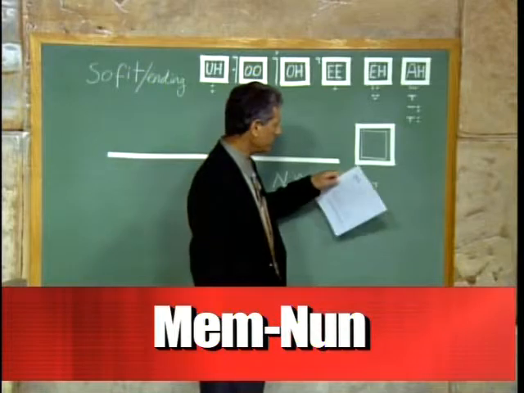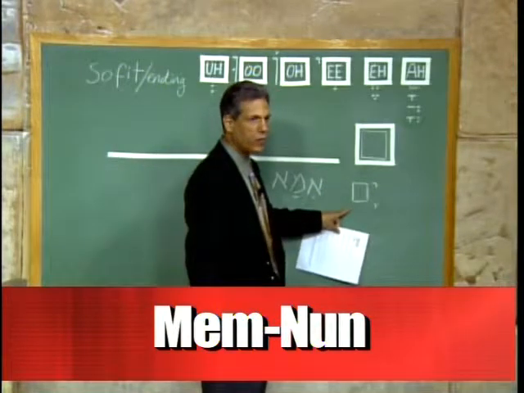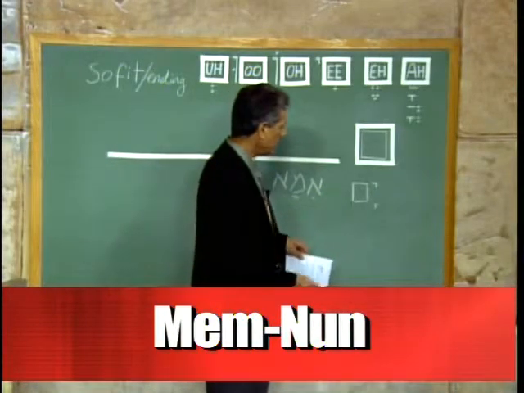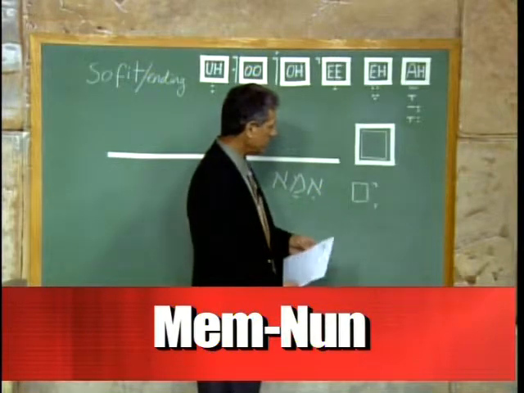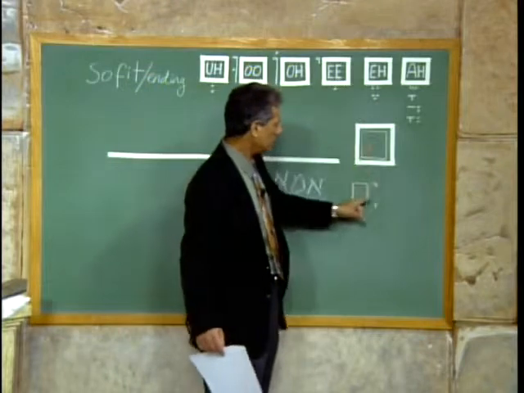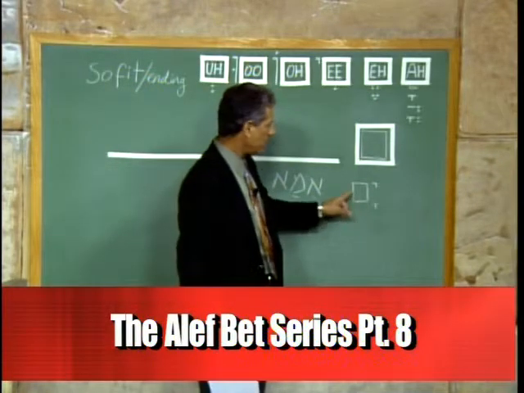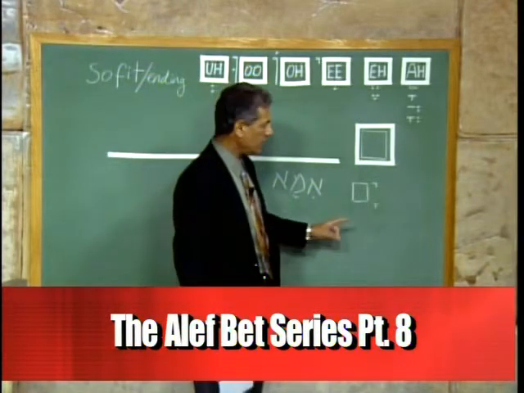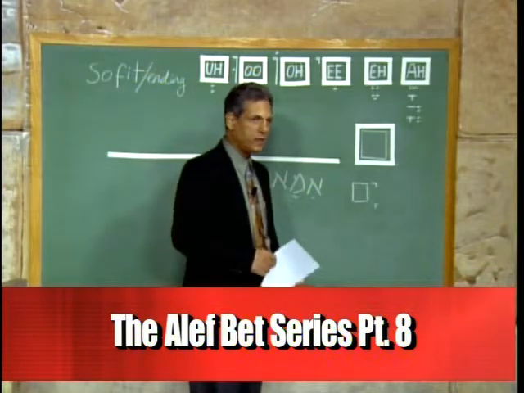We have to use the mem sofit because the mem happened to fall at the end of a word. This word is read yud with an ah sound right from here, ya, m, yam. Yam, what does it mean?